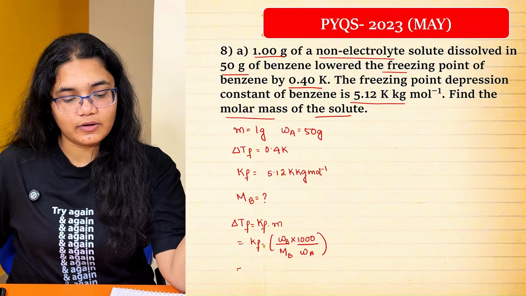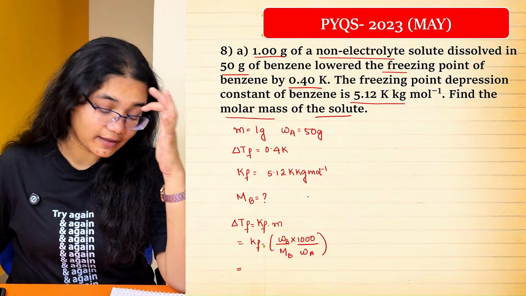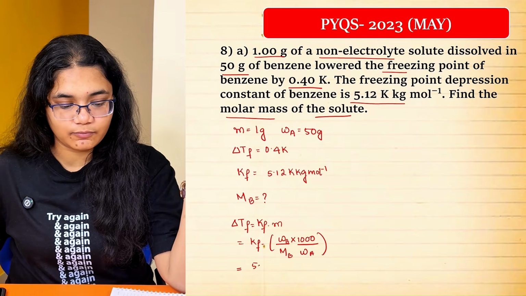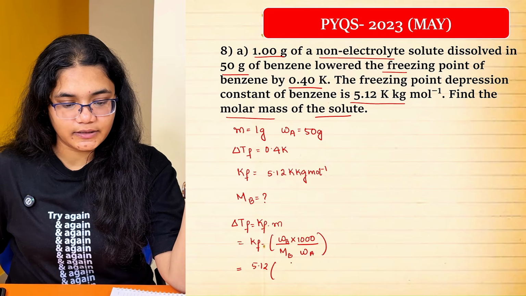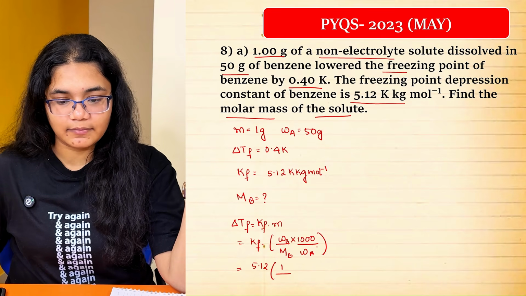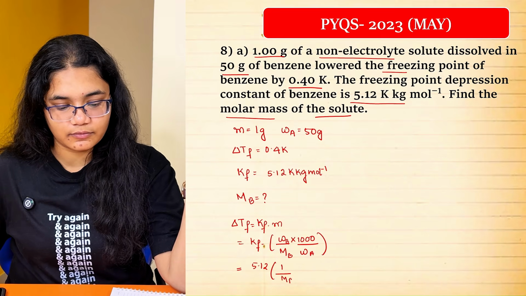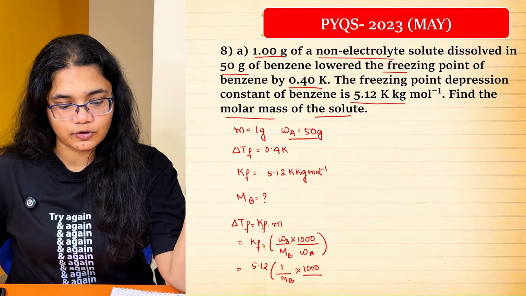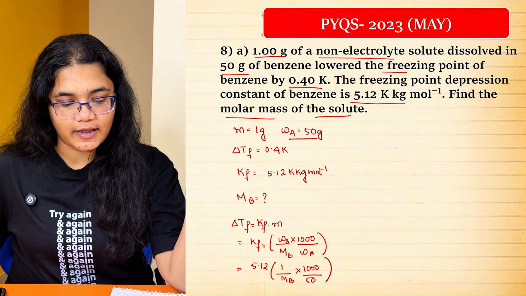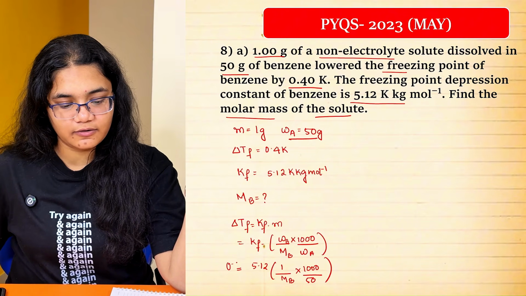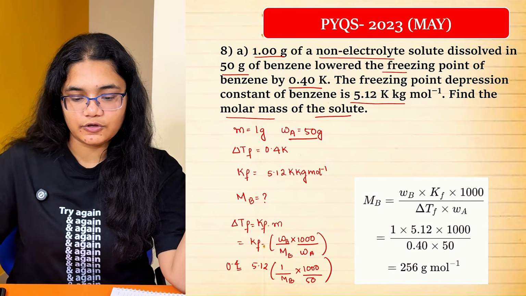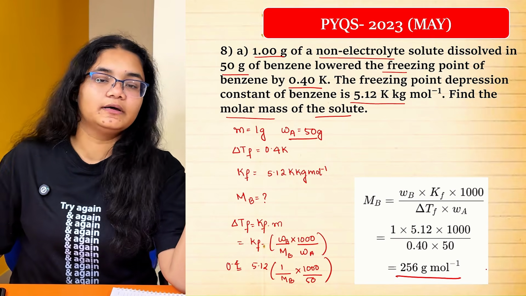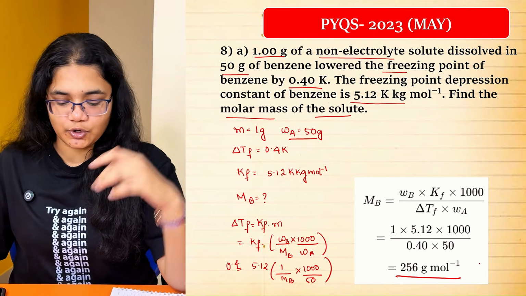The Kf value is 5.12. Wb is 1 gram. Mb is what we have to find out, into 1000 by Wa, the mass of the solvent, which is 50 grams. And the delta TF value is 0.4. Now if I solve this, you will get 256 gram per mole. That is the molar mass of the solute.